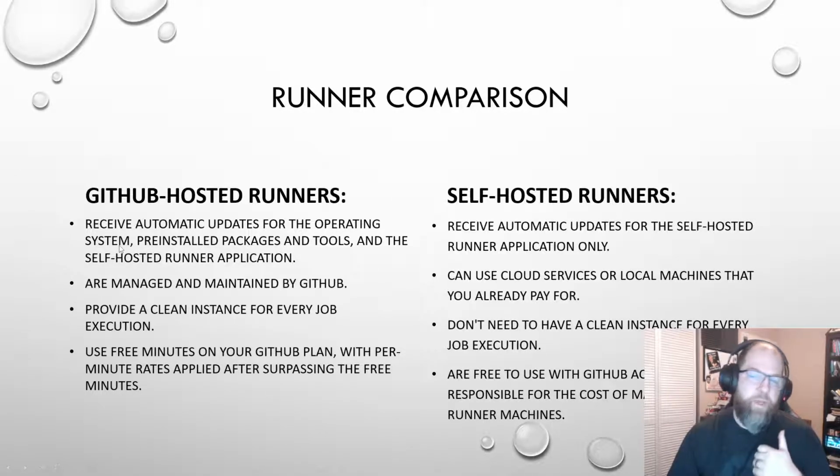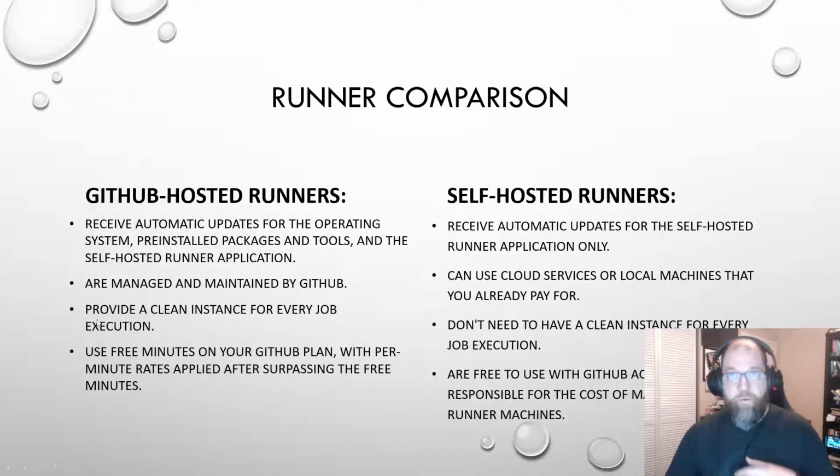That's something people don't think about when they run build machines for themselves, that you have to update and maintain sometimes those build servers, software updates, tooling updates. Self-hosted runners will update themselves, but they won't update the tools and packages. What's great is you can use on-prem machines, you can use cloud machines, you can use the services you already have configured, which is great.